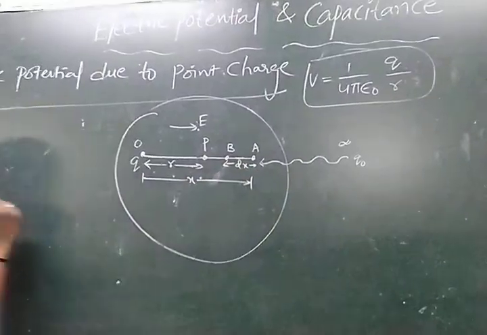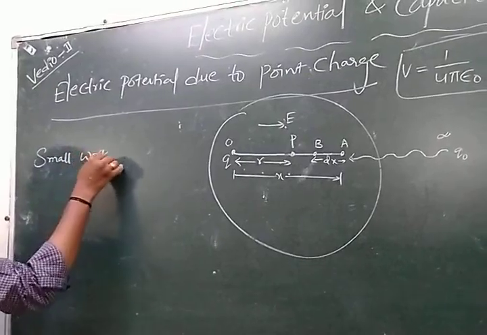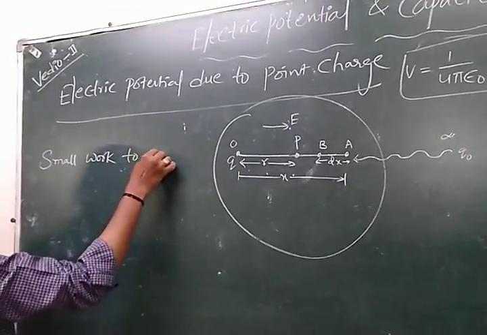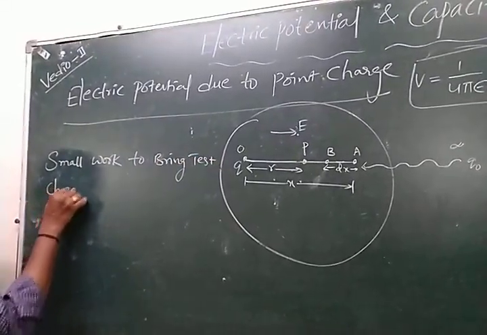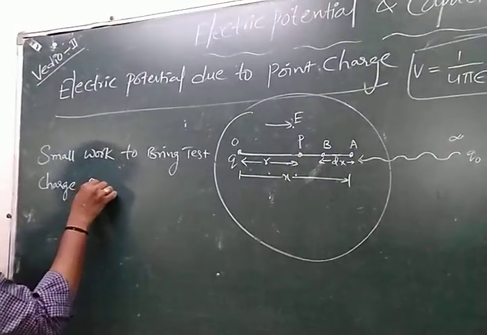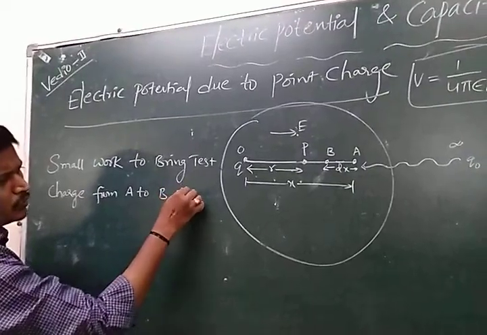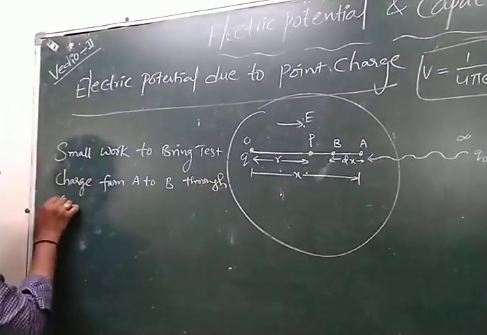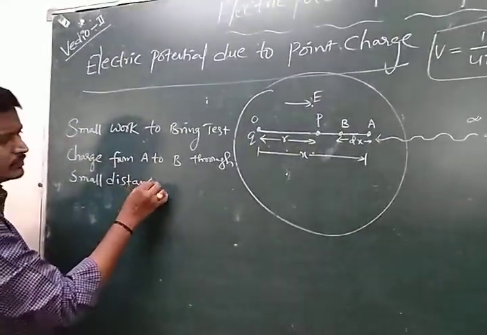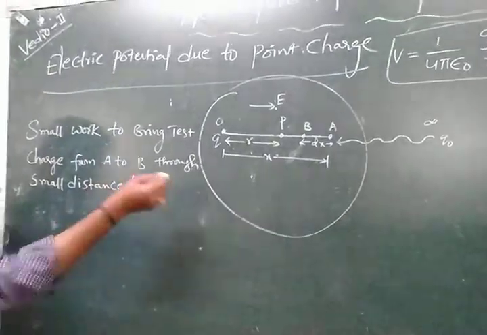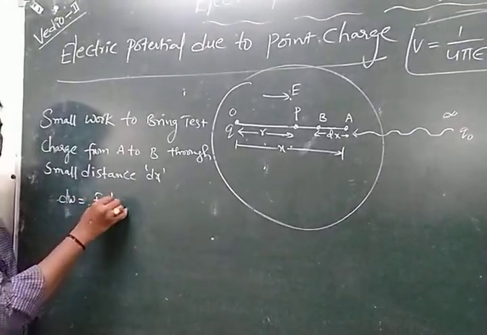So the small work done to bring the test charge from A to B through a small distance dx. Therefore, the work done dW is equal to the product of force into displacement.